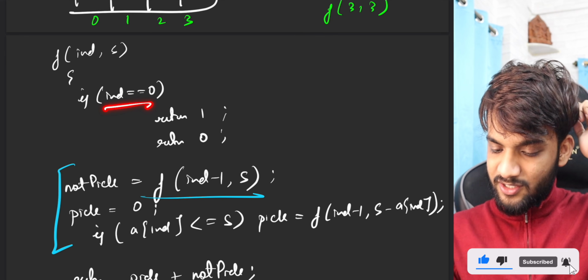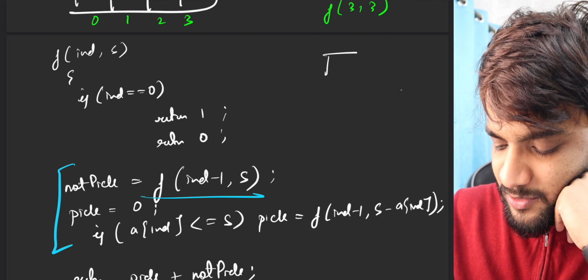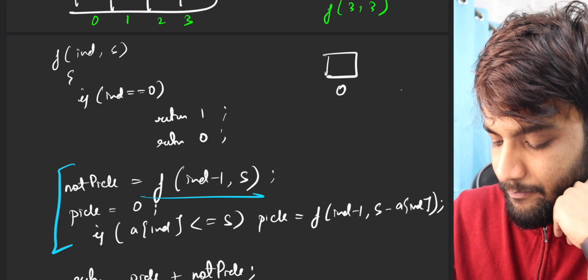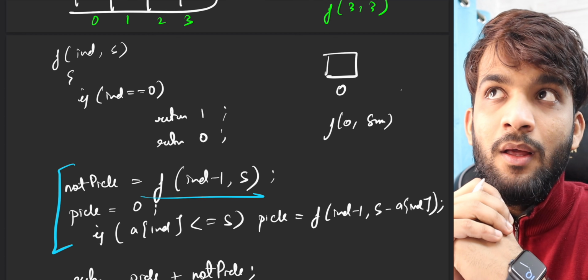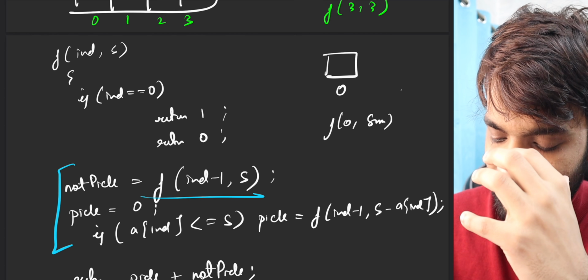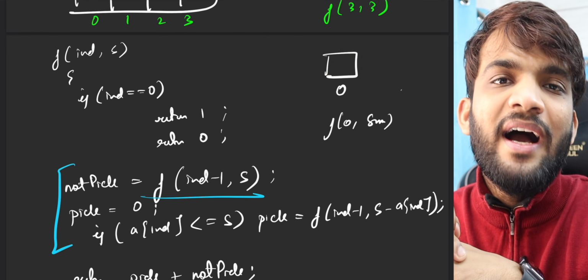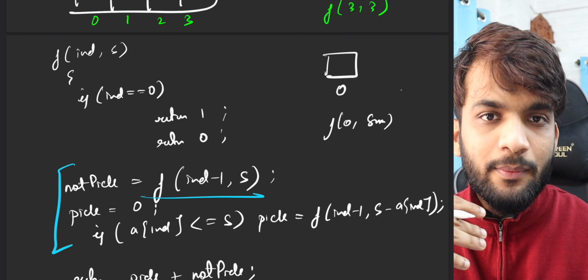Okay, so what does index 0 signify? Let's understand this in depth. If I am standing at index 0 and I come up with a sum, when can an array having a single element give me this sum? Because if I am standing at index 0, it eventually means that it has a single element. Makes sense.